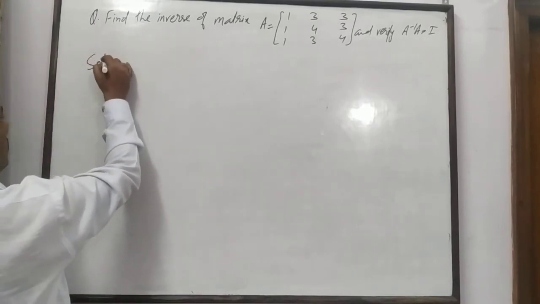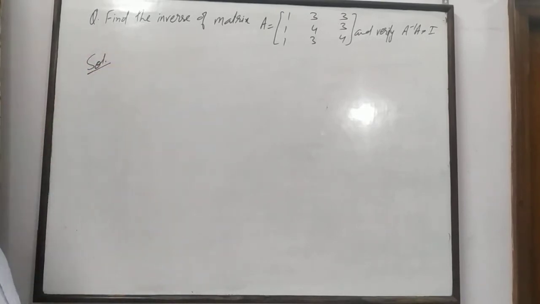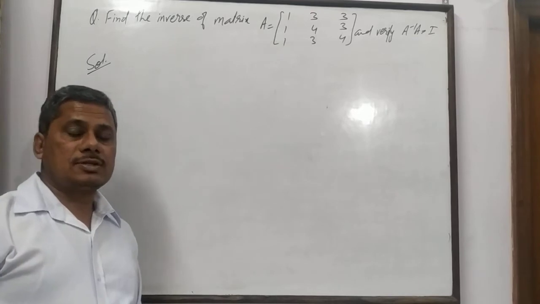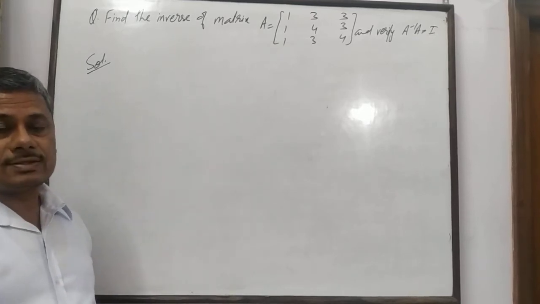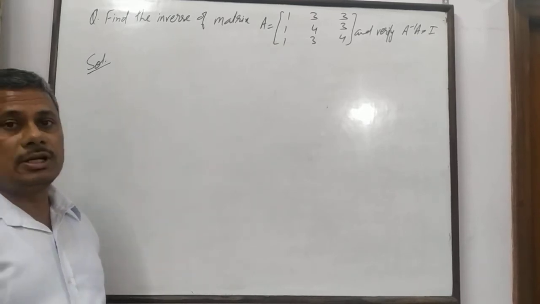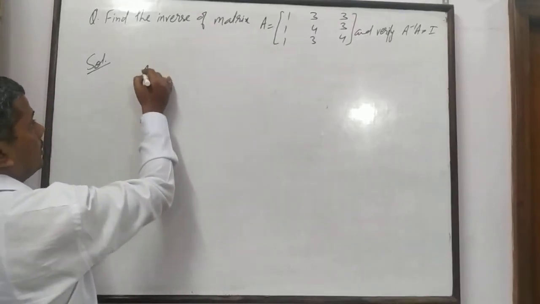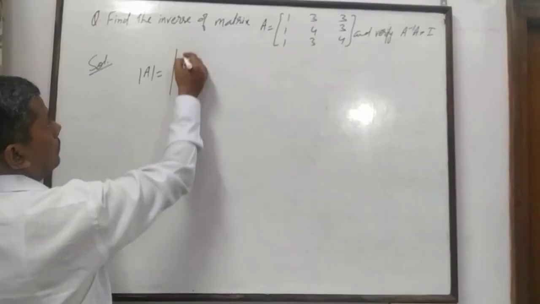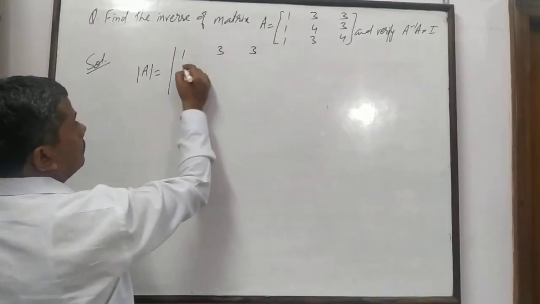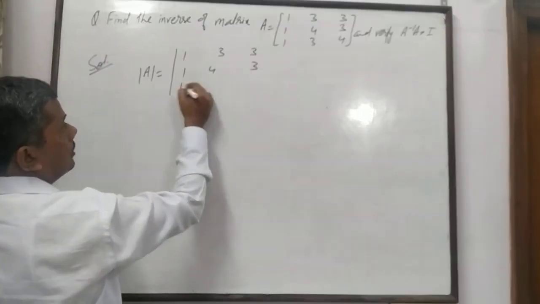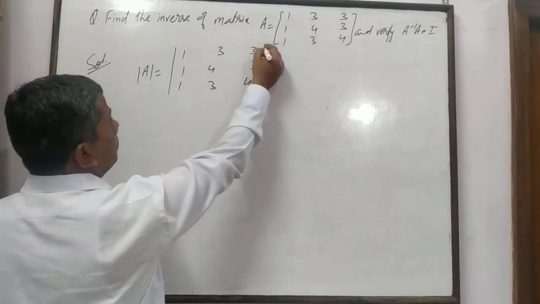Solution. Now first of all, we know a matrix is invertible, or the inverse exists, only if its determinant is non-zero. So first of all, we try to find the determinant of A: [1 3 3; 1 4 3; 1 3 4].